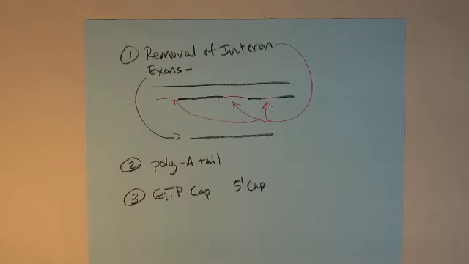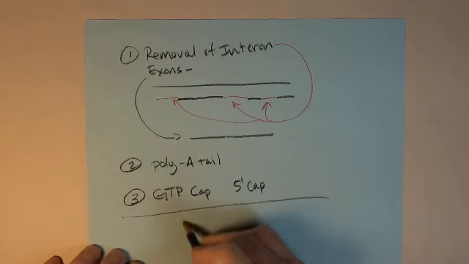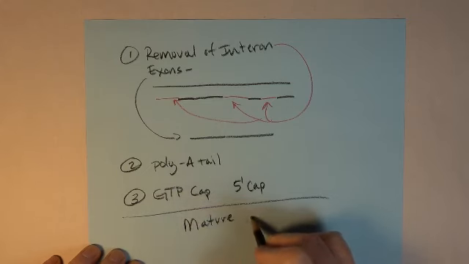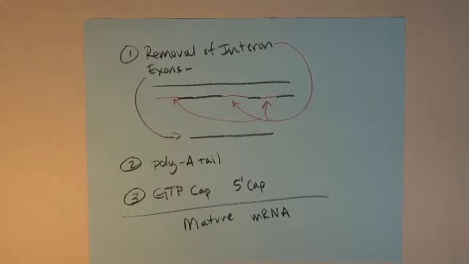And its purpose is to, again, protect the RNA molecule, so that it doesn't have any problems with other enzymes that may be there to try to degrade it. Once these three things are done, we end up having a mature mRNA that is ready to be translated into the protein.